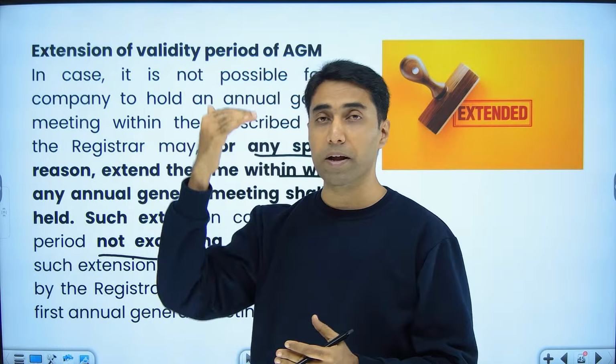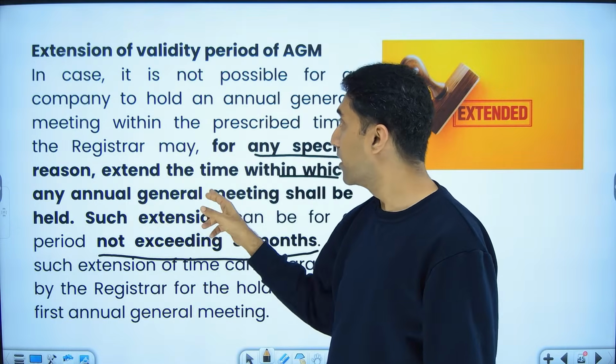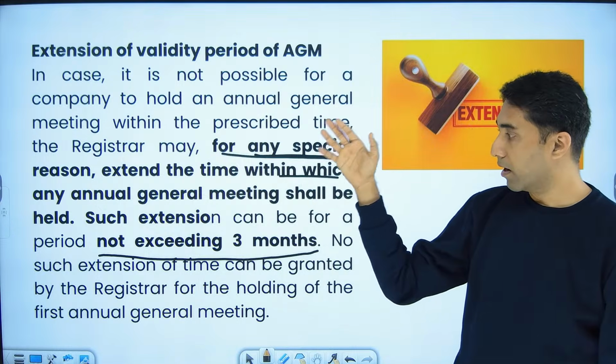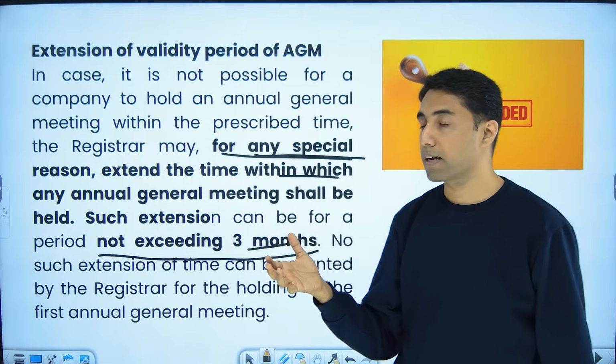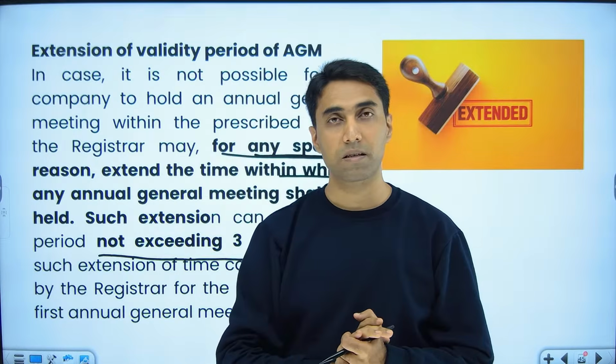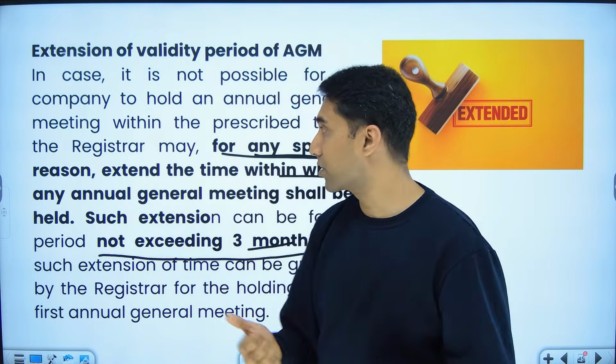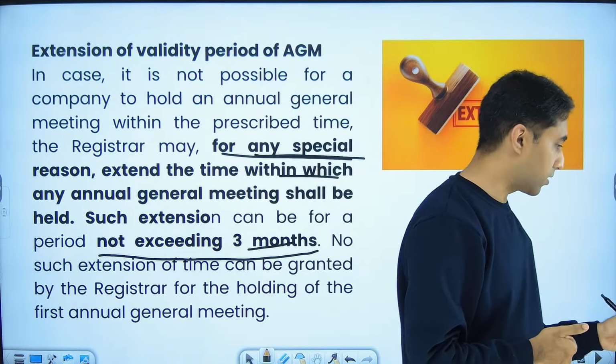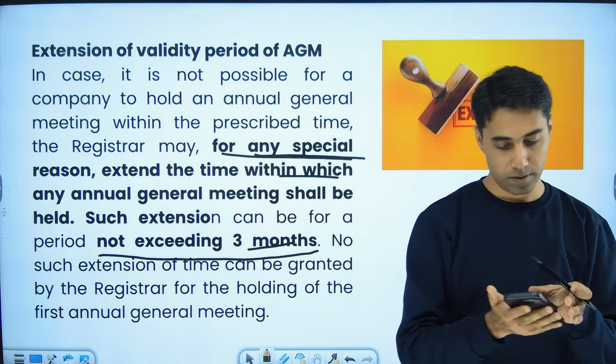Now itself they have to apply to the ROC, asking for an extra 3 months from that final date of 30th September for the AGM. So you can apply for the extension, and that is what we are trying to learn over here. Is that clear?